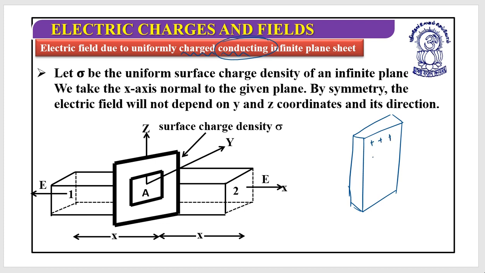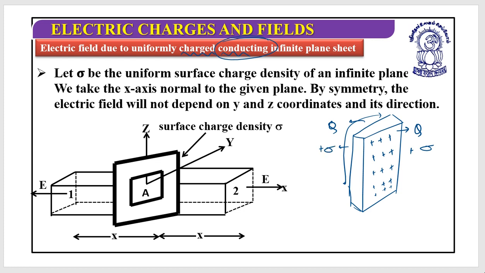I have given charges here, as well as on the back side. So if I have charge over here as well, this is Q, and even this is Q, or you can write it in terms of sigma. Let's say this is plus sigma, this is plus sigma.